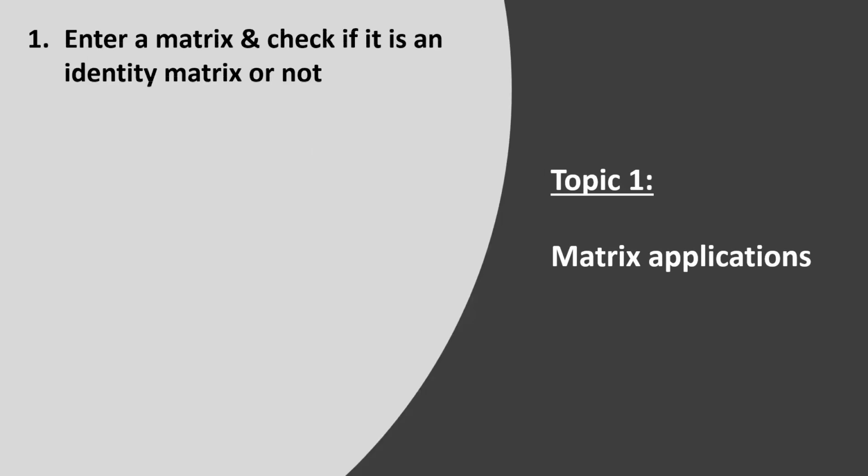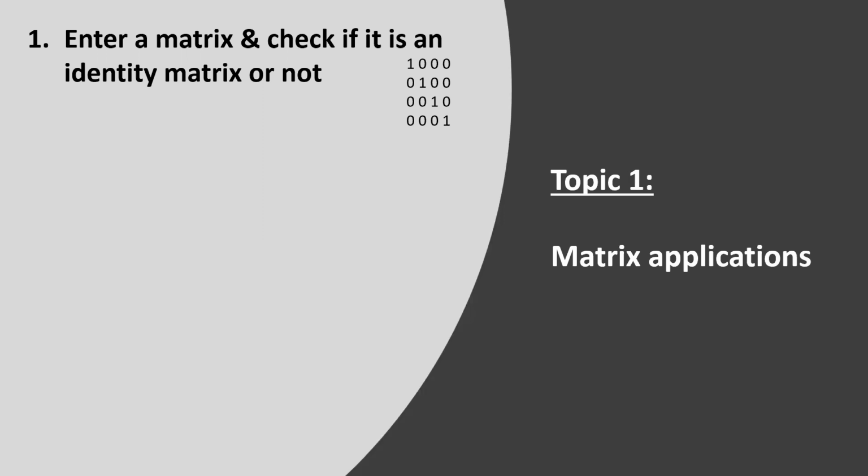The first topic: enter a matrix and check whether it is an identity matrix or not. An example of an identity matrix is something like this, where all the diagonal elements are filled with 1 and the elements not on the diagonal are filled with 0.